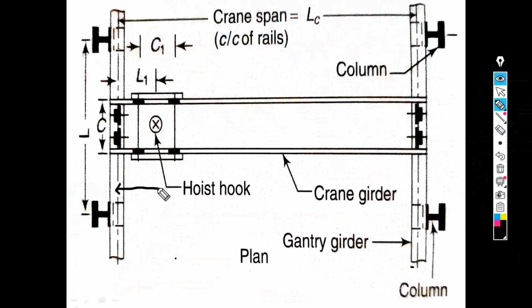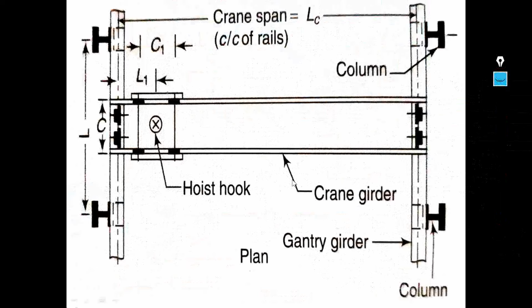And L1 cannot decrease beyond the specified value, because otherwise the load that the trolley is carrying through the hook may collide with the column. So it is for safety reasons. From the top view, this is the span. I hope you all have a clear understanding about it now.